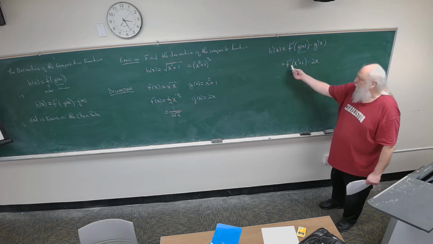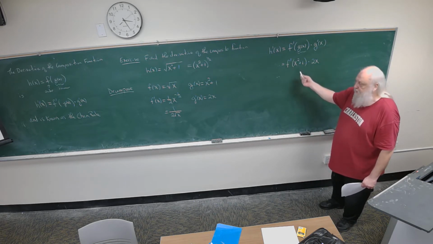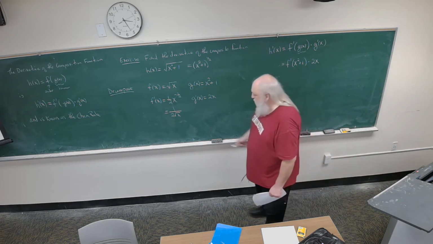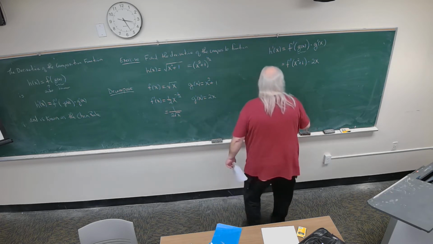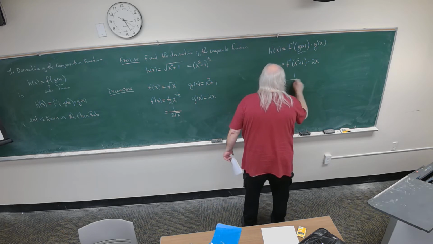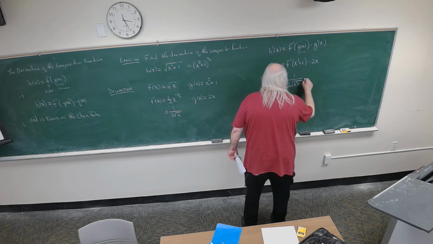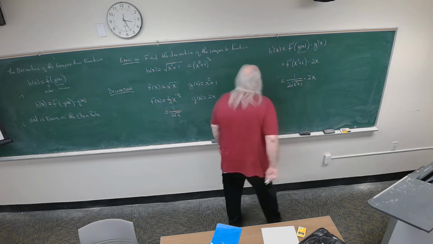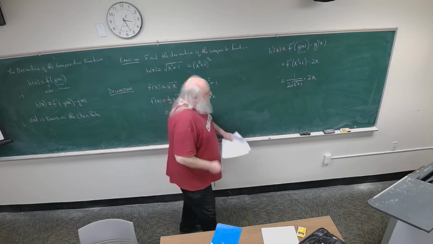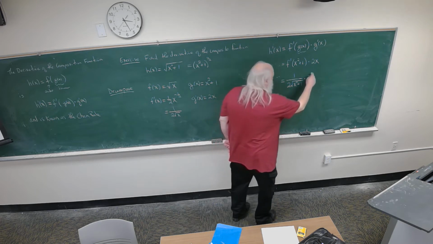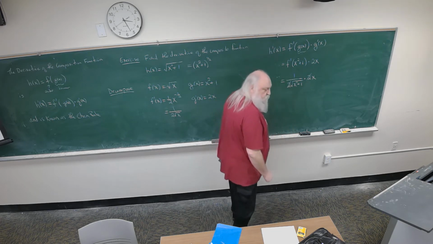Now we evaluate f prime at x squared plus 1. How do we do that? We put x squared plus 1 in wherever we see an x on the right-hand side of f prime of x. And so this is equal to 1 over 2 times the square root of x squared plus 1 times 2x. Now you can see multiplication by 2 undoes the division by 2.